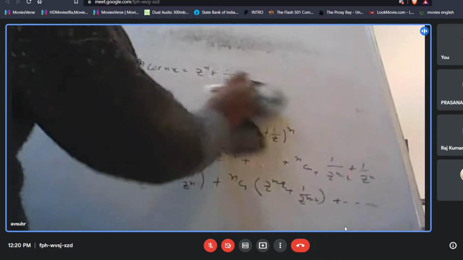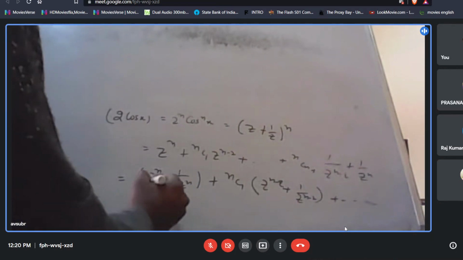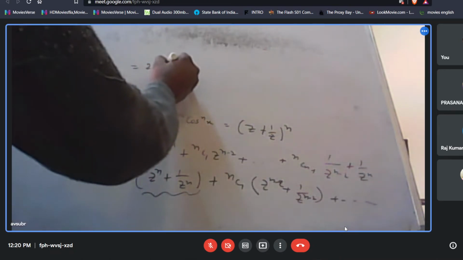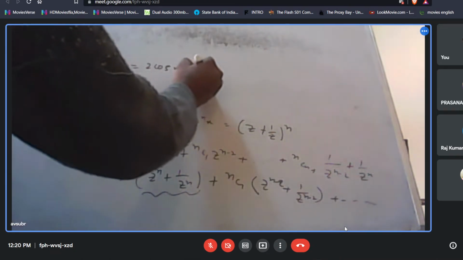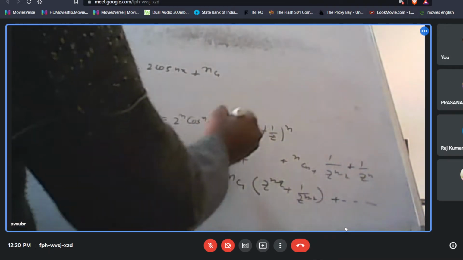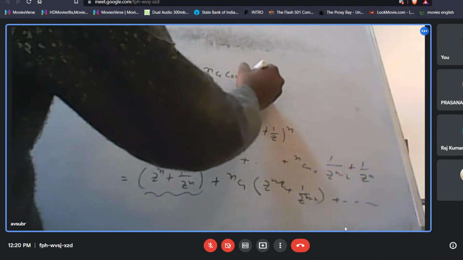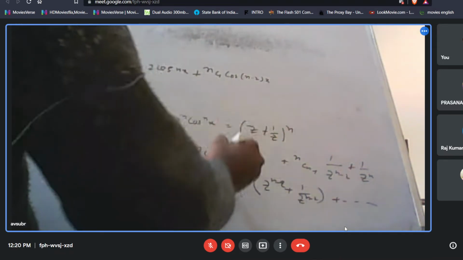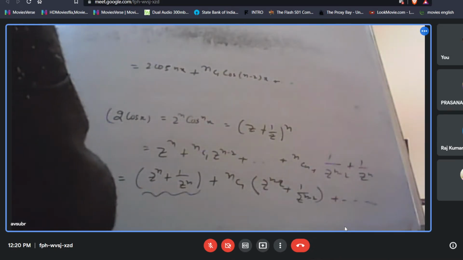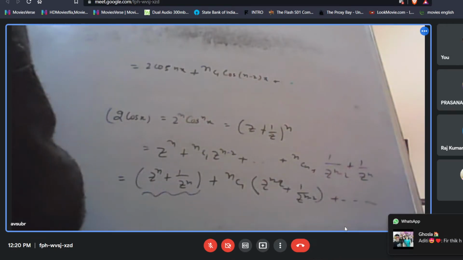This we have already seen: it is nothing but 2 cos nx. So it will be nC1 cos (n minus 2)x and so on.